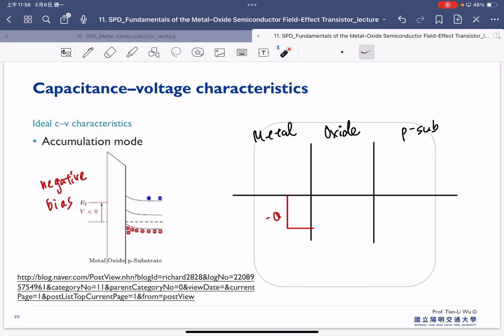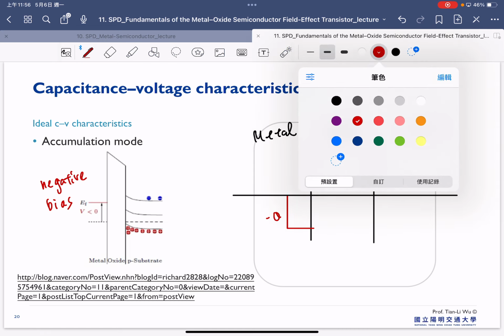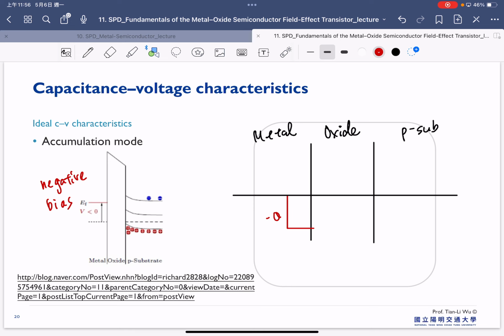But because we apply the negative charge, we start to have the charge balance. To maintain the charge neutrality, we can expect there's a positive charge formation at this point here. This is something we already know.